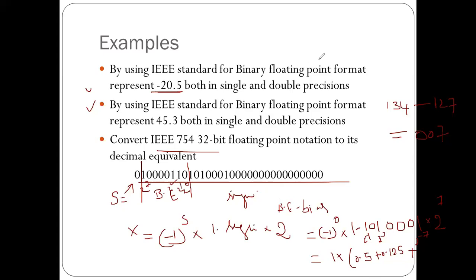You calculate that using a calculator. Can you tell me what is that value? 1 by 2 power 7 is 0.0078125.